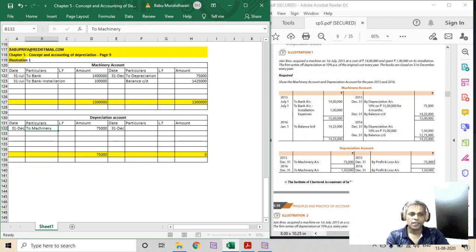Narration will be depreciation for 6 months, that's 75,000, and then this is carried forward to the P&L. So the entry will be debited to P&L account: by P&L account debit to depreciation account, 75,000 rupees. This is charged to profit and loss account. Hope this is clear.